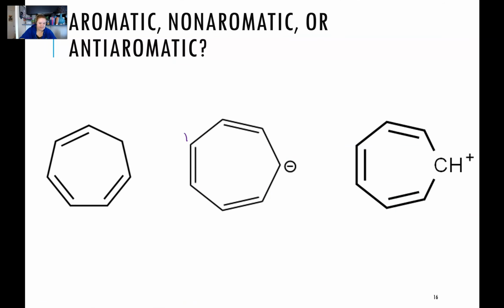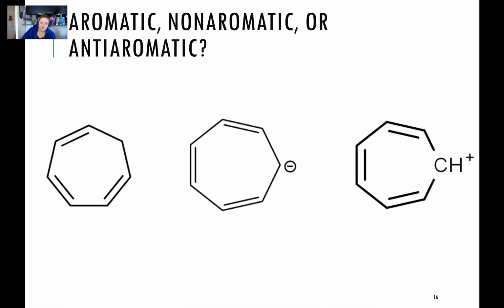Let's do a couple examples. These are all 1, 2, 3, 4, 5, 6, 7. Double check there. These are all cycloheptane rings, and it's kind of the same idea as what we saw on the last slide. We have a neutral one, we have an anion, and we have a cation.